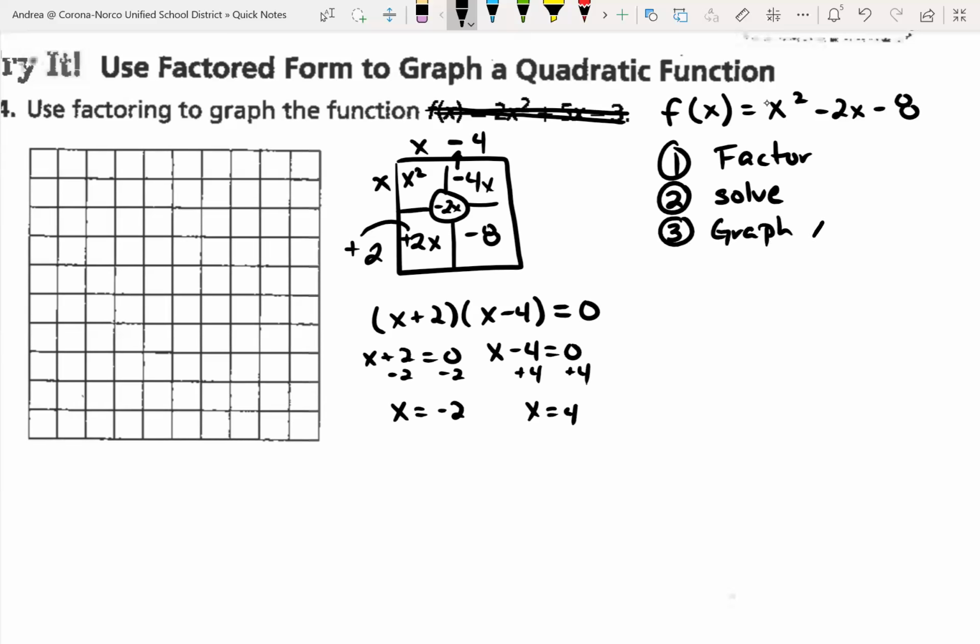So graph the x-intercepts now. So I go where x is negative 2, which is right here, and where x is 4. Those are my x-intercepts.